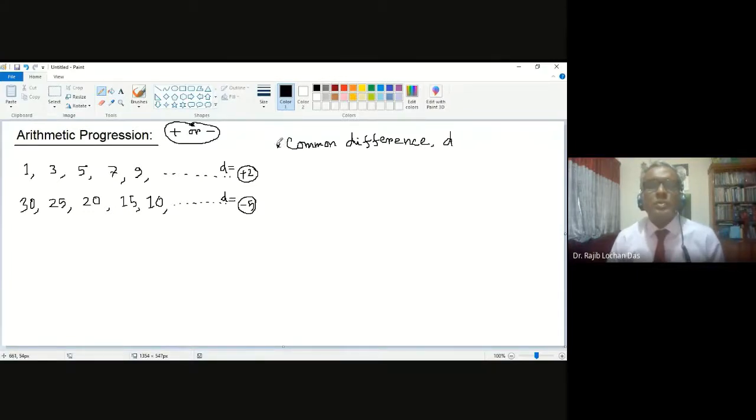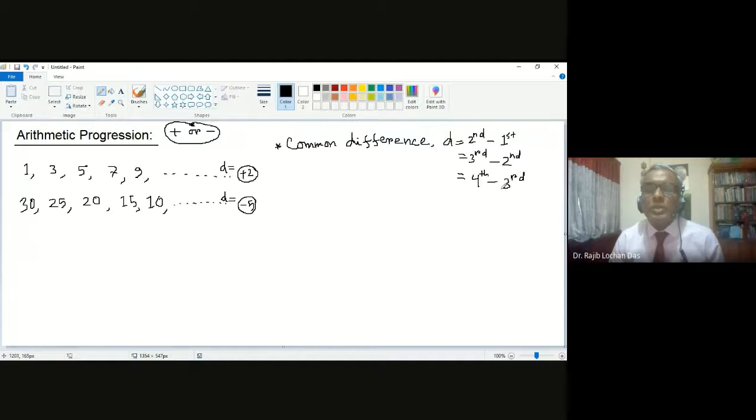In another way, we can say the common difference is actually the second number minus first number, and also the third number minus second number, and also the fourth number minus third number.